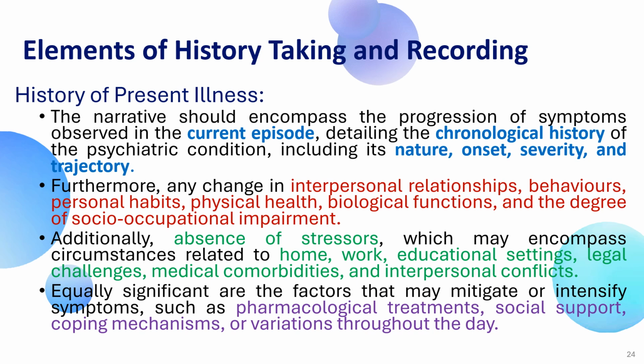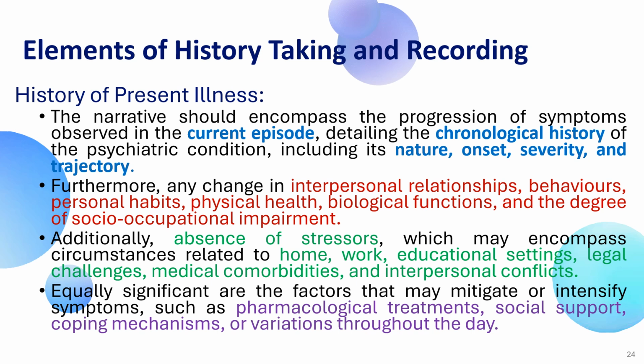There should be a temporal correlation with the precipitating factor, which should also be part of the current episode. One should talk about the current episode in chronological manner, and record the nature, onset, severity, and progression of the symptoms in the timeline history.